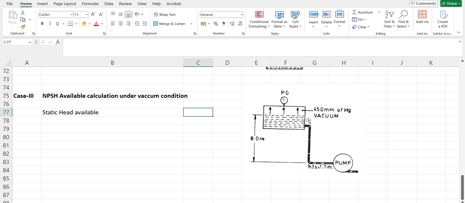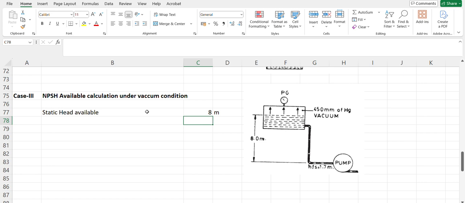Here we have already taken the calculated friction factor, so that we can avoid these repetitive calculations and focus on the main content.